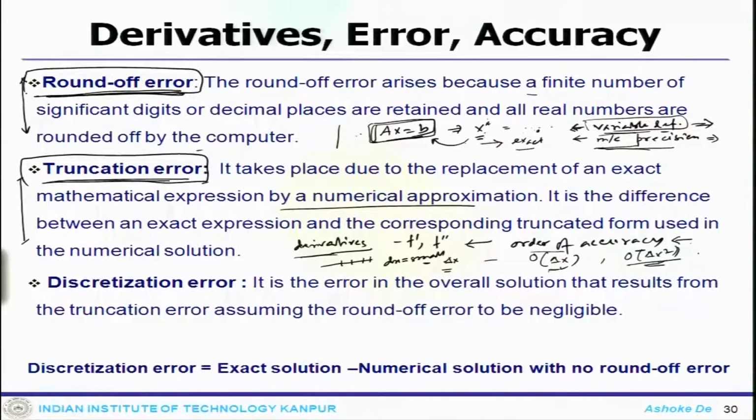So, it does not depend on what kind of numerical method one is using. The best way to minimize the truncation error is to use a higher order scheme, that is one way to do that, and the second approach is to use a smaller grid spacing.